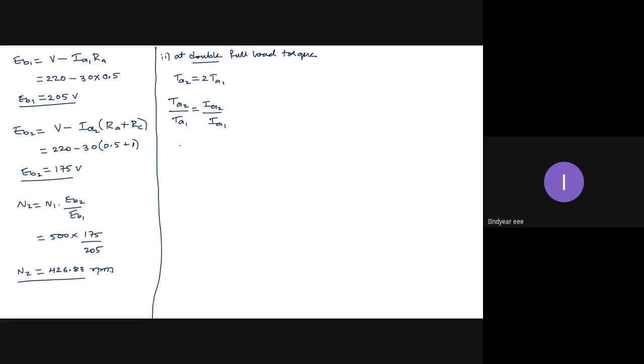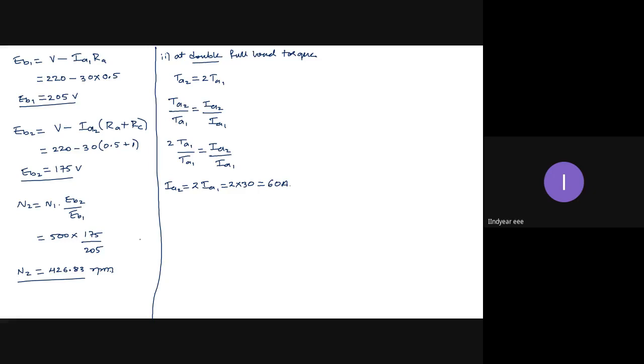So twice TA1 by TA1 is equal to IA2 by IA1, and I can conveniently get the armature current here. IA2 is equal to 2 into IA1, which is 2 into 30, that is 60 amperes.